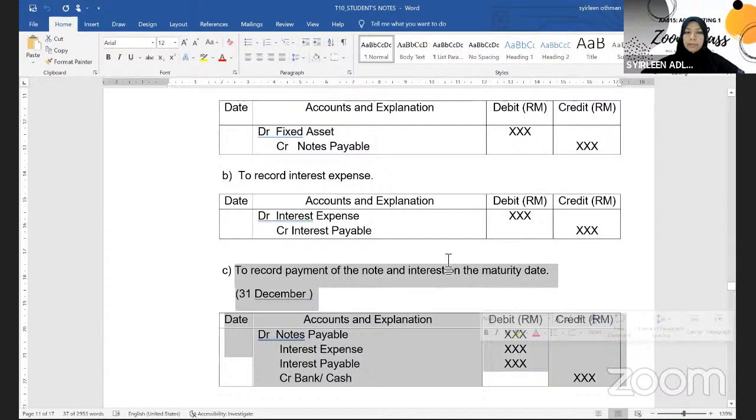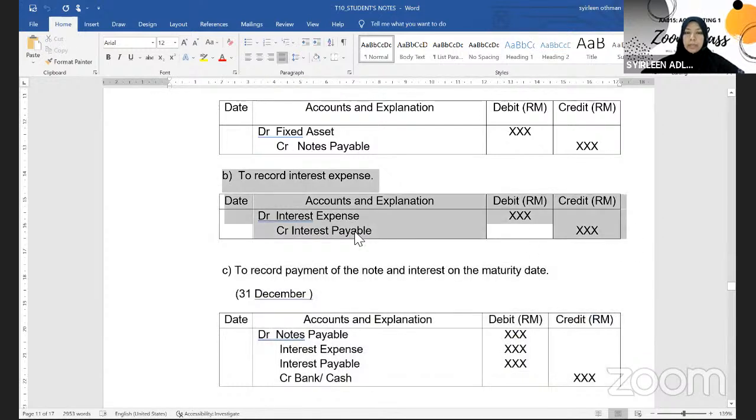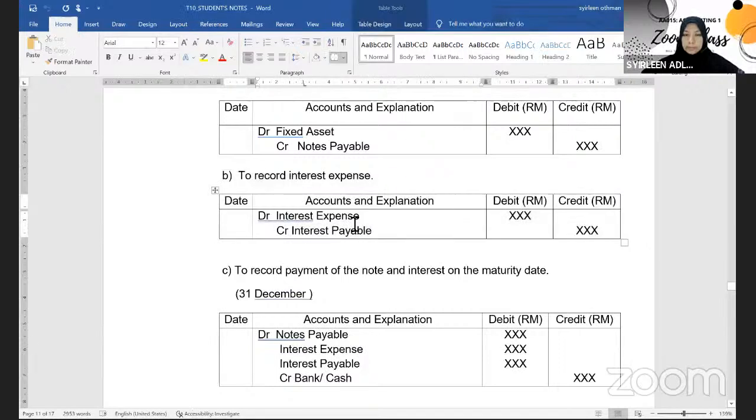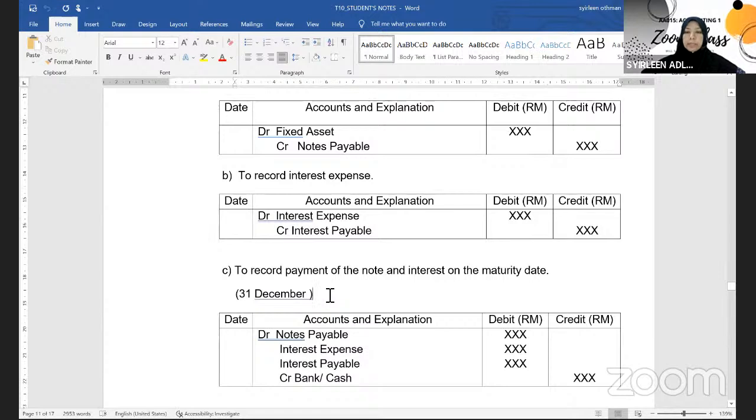You need to bear in mind untuk yang B ni, we are only recording the interest expense without any payment. Payment is still made during the maturity date, that means it is paid together with the principal. Tapi sebab kita faham interest expense is macam belanja tahunan, whenever you exceed one particular accounting period, you need to recognize the interest expense, because that interest expense will be included as expenses for the current accounting period.